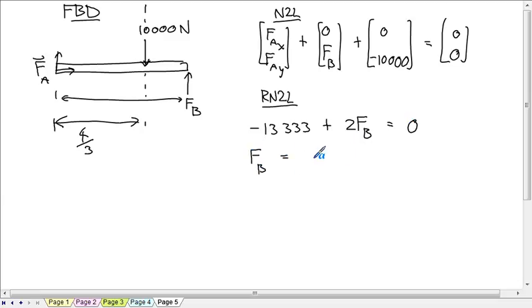So Fb is equal to positive 6,667, right? And then plug that in here and you get Fa is equal to 0 and then positive 3,333.